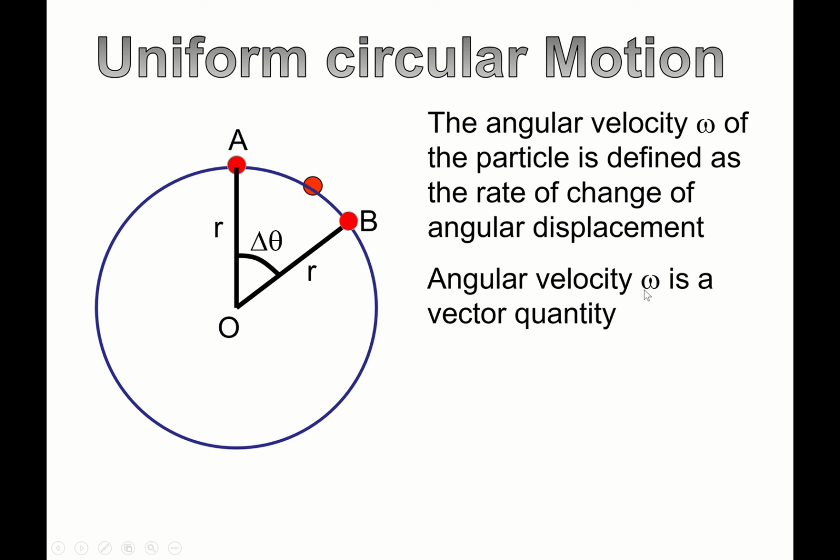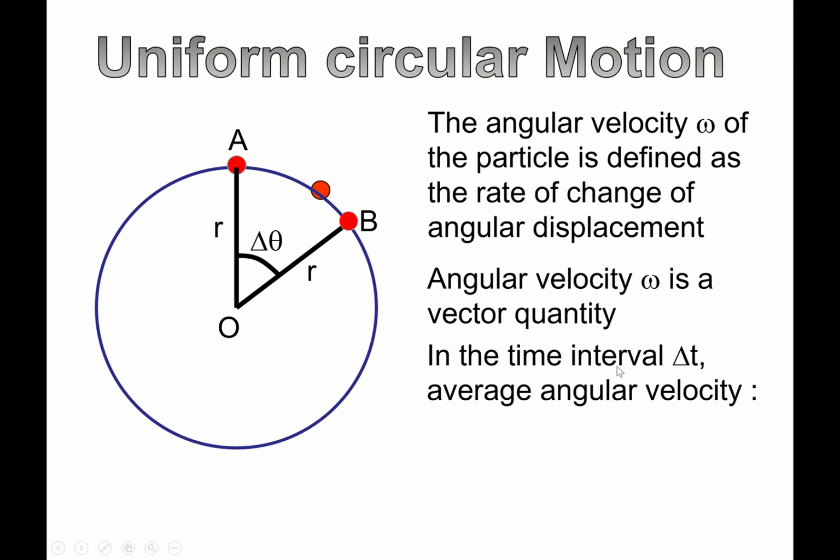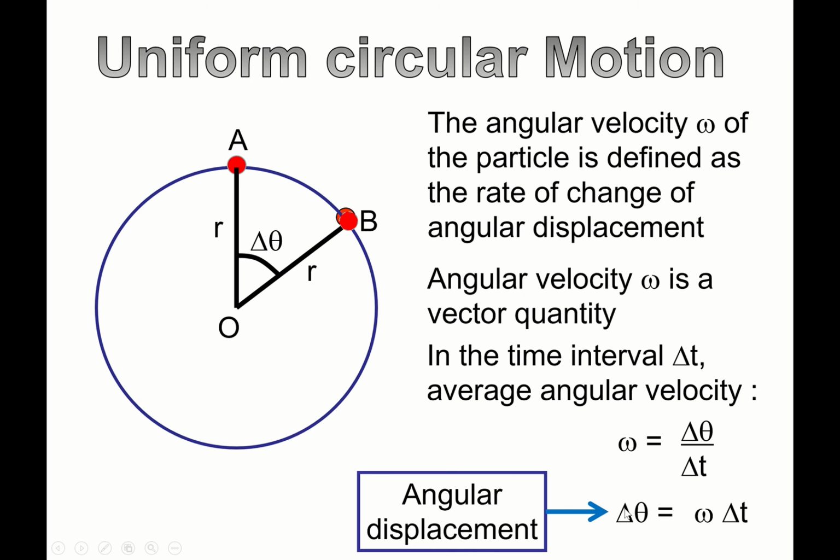Angular velocity omega is a vector quantity. In the time interval delta t, average angular velocity is given by omega equals delta theta over delta t. Cross multiply, we get delta theta equals omega delta t. Delta theta is angular displacement.